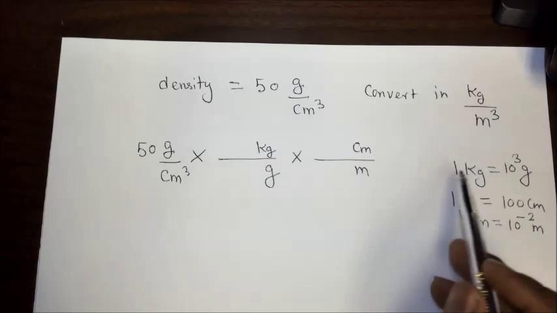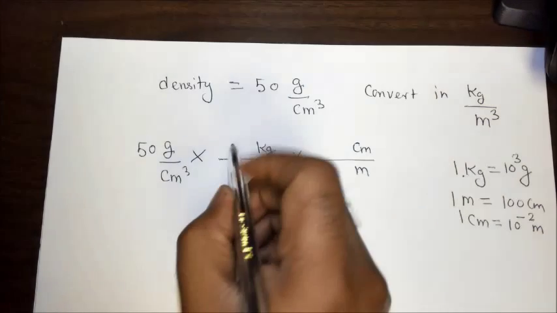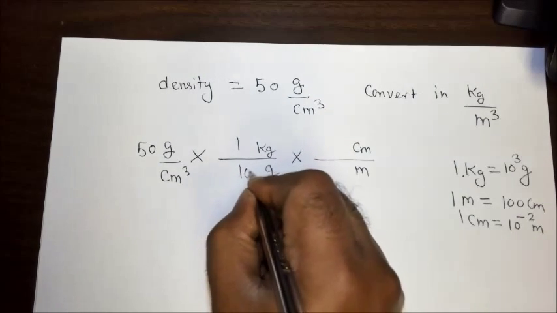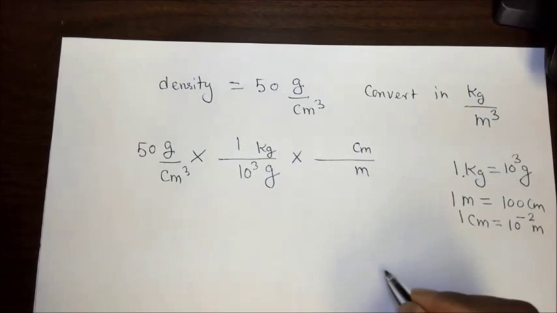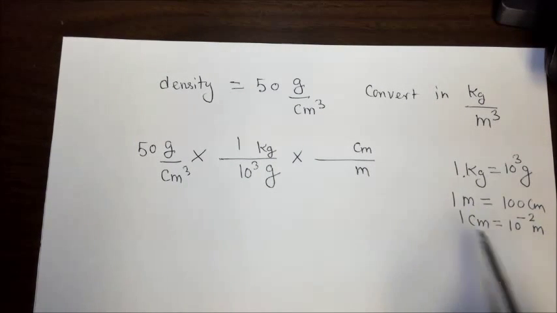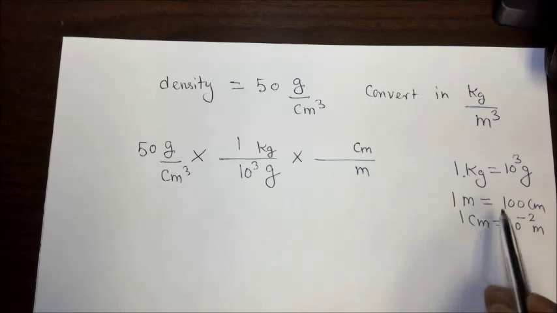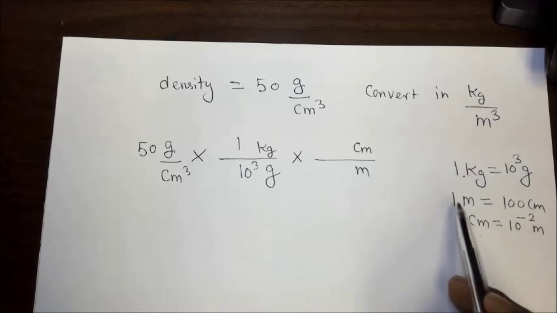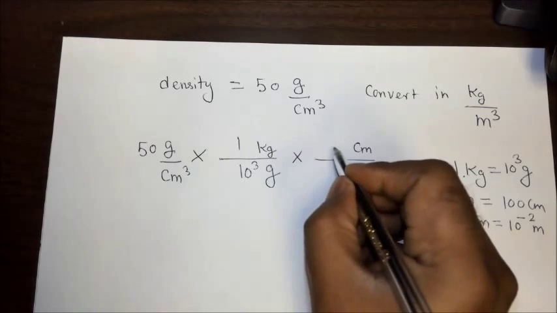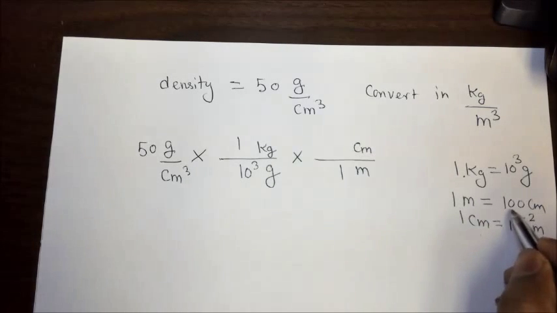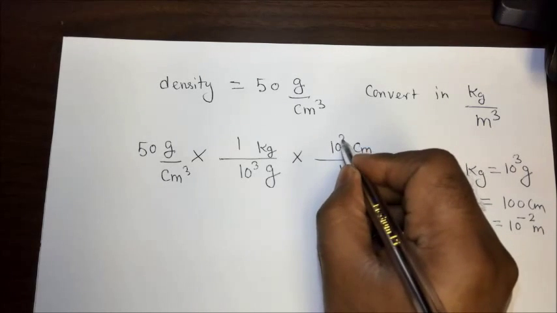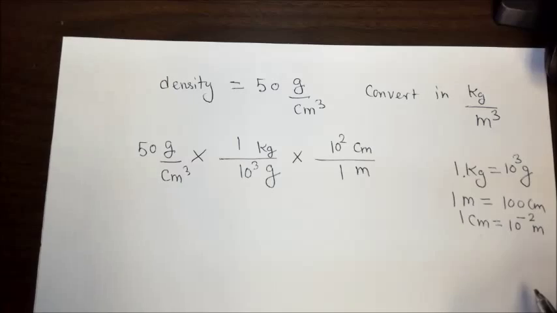Now let's put these numbers over here. 1 kilogram is 10 to the power 3 gram. Now either I can use this one or this one, both are same. If I use this one, then 1 meter is 100, which means 10 to the power 2 centimeter.